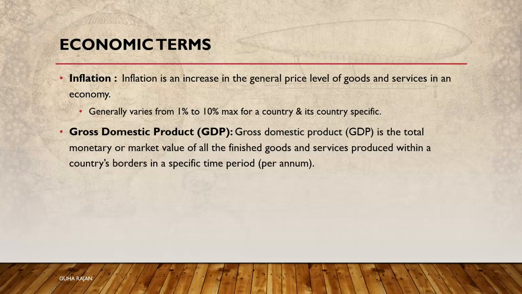So then comes what is GDP. Gross domestic product is the total monetary market value of finished goods and services produced within country borders in a specific time period. Year on year, they will say GDP has increased by 5%, 7%.